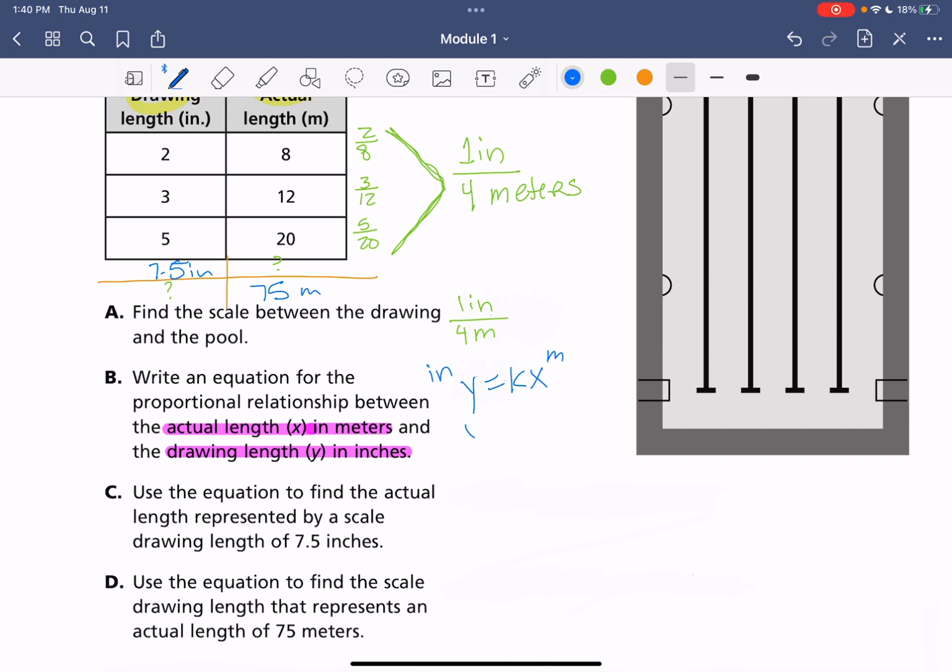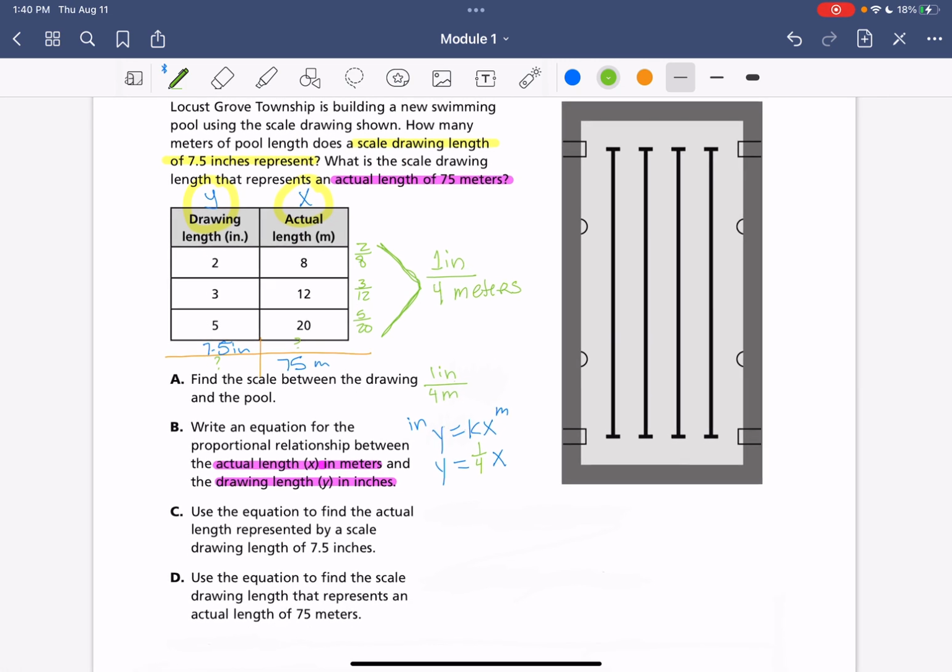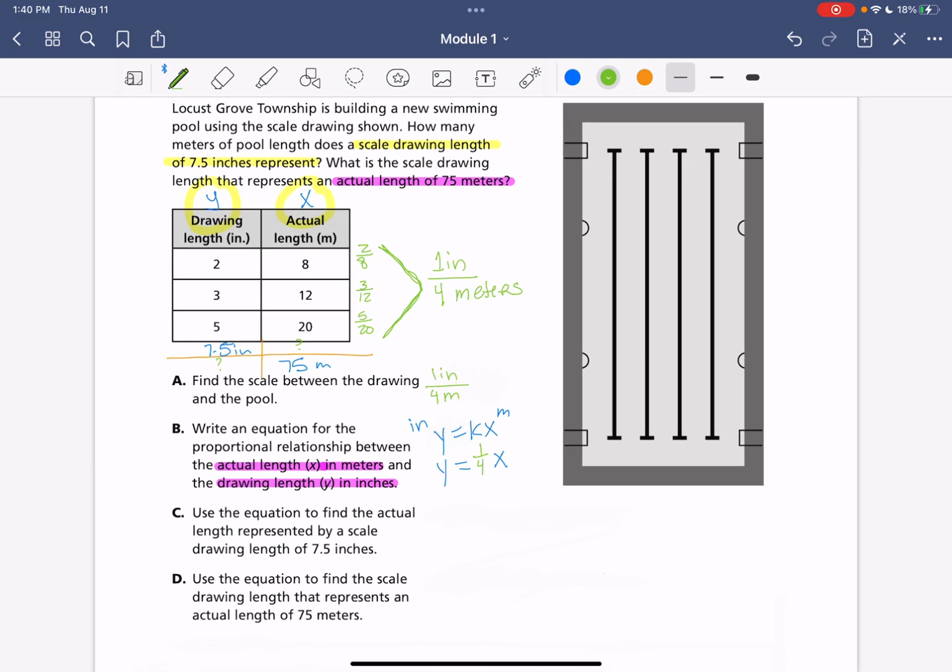So we're taking our eraser here, getting rid of our k, and plugging in our 1/4. Now that we have an equation, we're able to solve, going back up here to our question in our yellow highlighted and our pink highlighted. We can finish our table with those question marks.